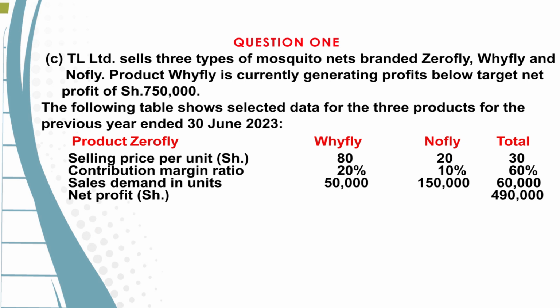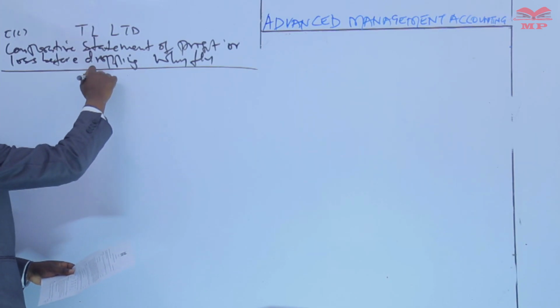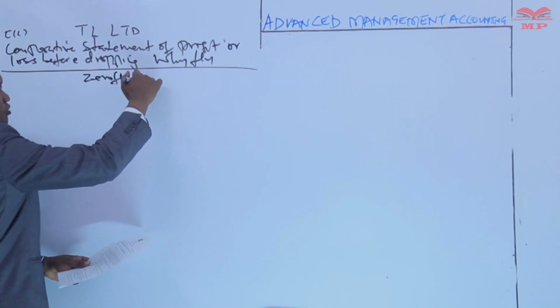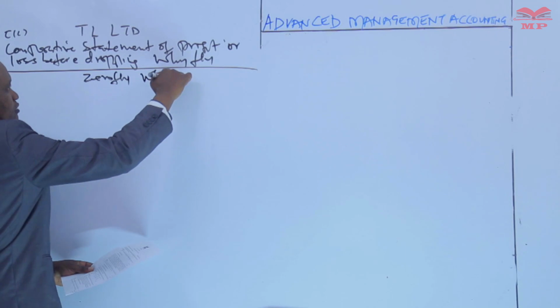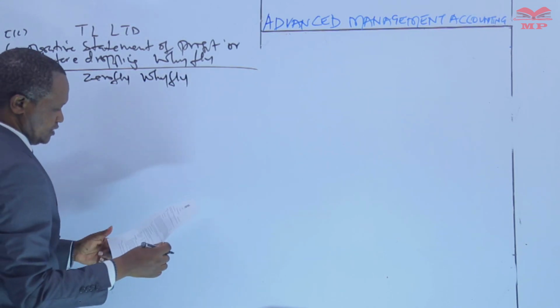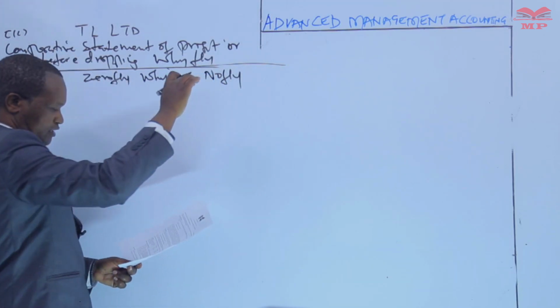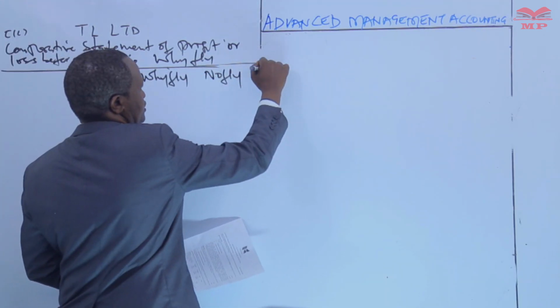Okay, so it's a comparative statement. We're going to have a column for Zero Fly, Y-Fly, and No Fly. Then of course we have the total.